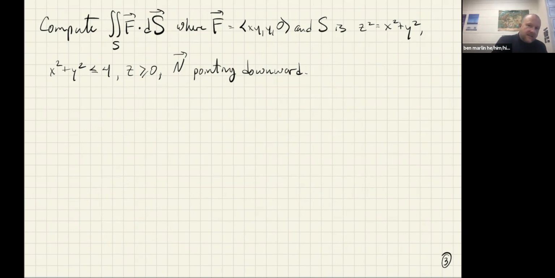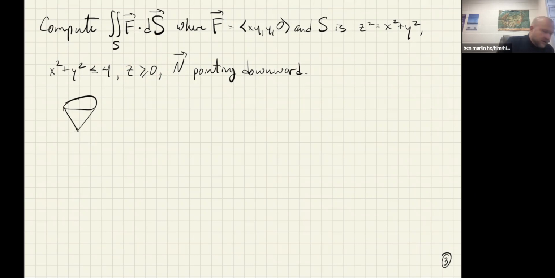But the s is z squared equals x squared plus y squared, which tells me that we've got a cone opening up and down. But this one says in particular that we've got the z being greater than or equal to 0. So that says that our cone doesn't open both directions.